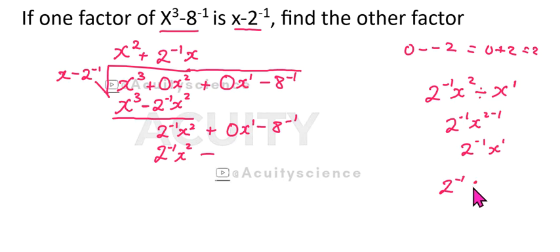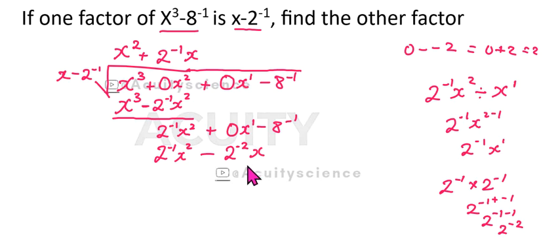We take the common base and add the powers: minus 1 plus minus 1. This plus minus is minus, so 2 raised to the power minus 2. Excellent. So put that there. And of course, there is no x here to multiply with this, so we'll just put it down there.